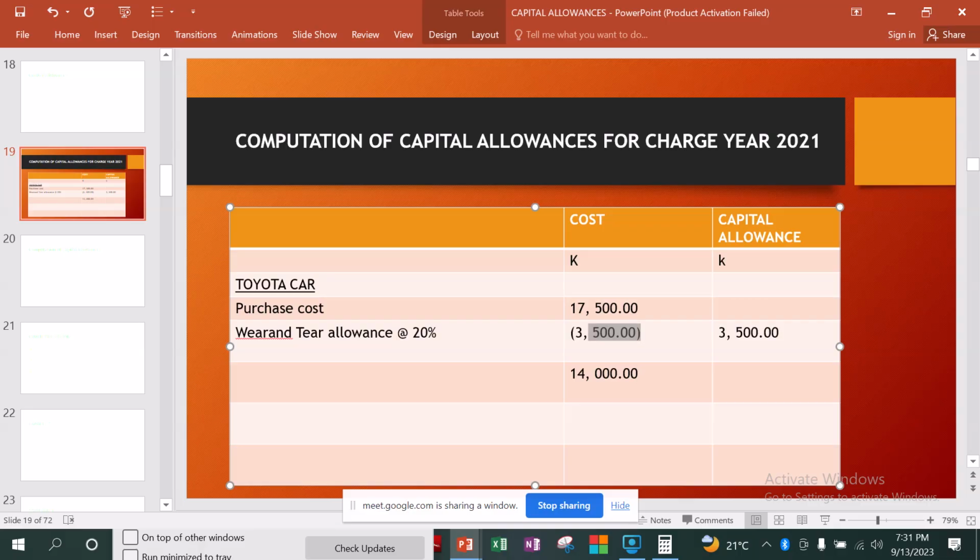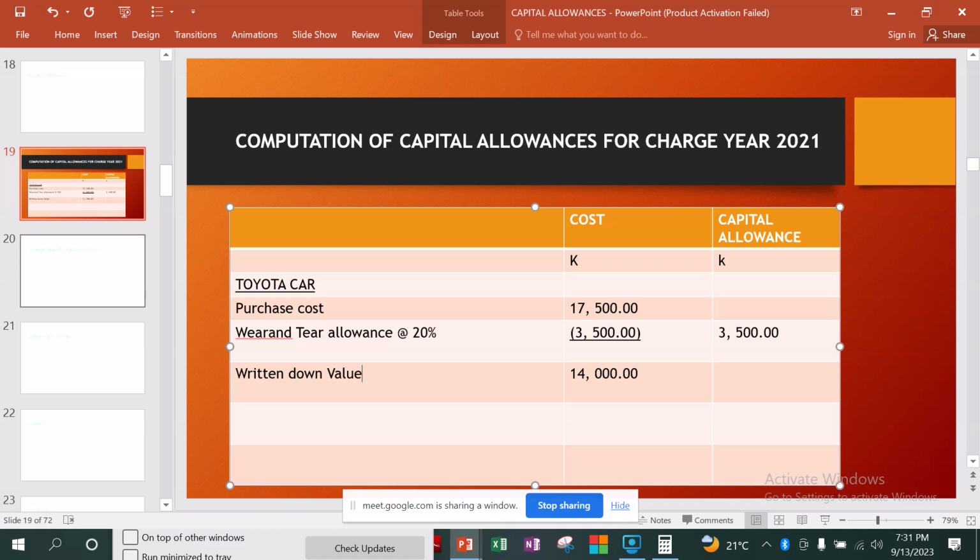So we show that here we are going to remain with 14,000. This 14,000 is what we call written down value. Okay, written down value. So that is for the car.